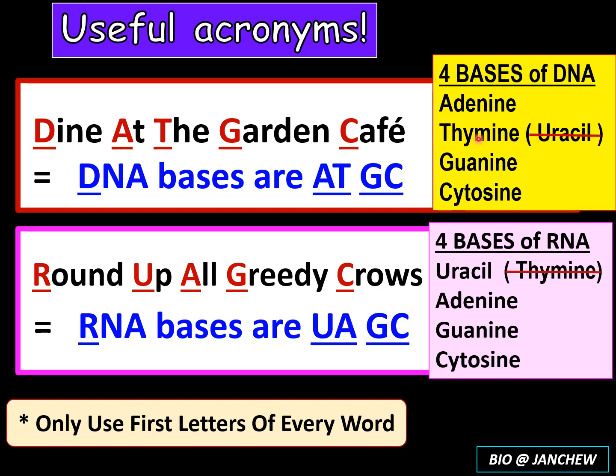Okay, the thymine replaces the uracil. So remember, dine at the garden cafe. D is for DNA. Okay, and A is for adenine, T is for thymine, G for guanine, and C for cytosine.